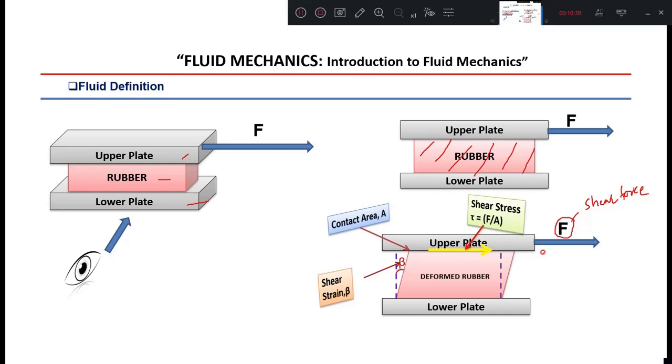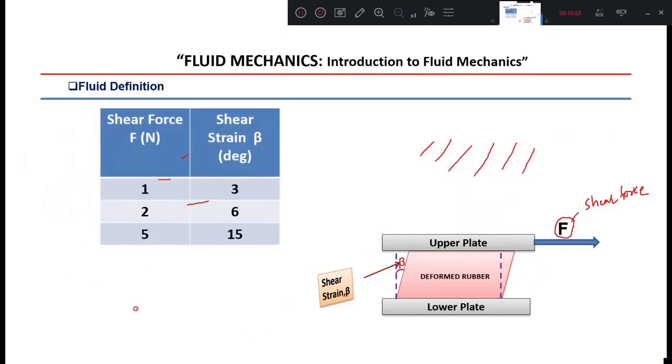Let us now try to understand the concept of this deformation under the action of force, when the rubber is held between the plates, with the help of some random numbers. Say that we have applied 1 Newton of force, or 1 Newton of shear force.